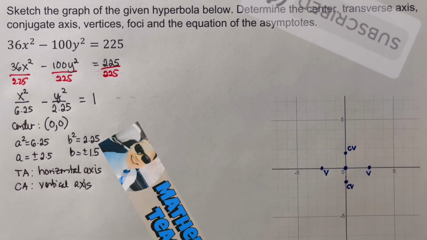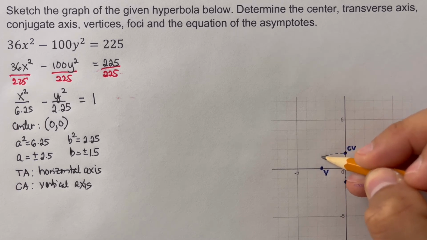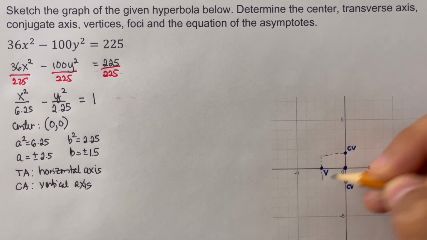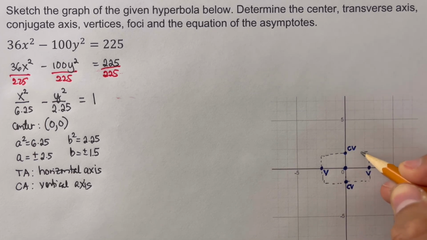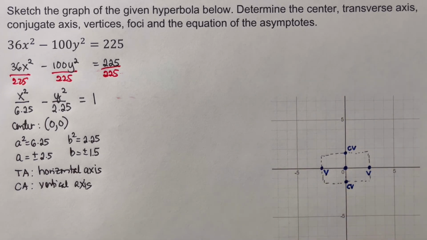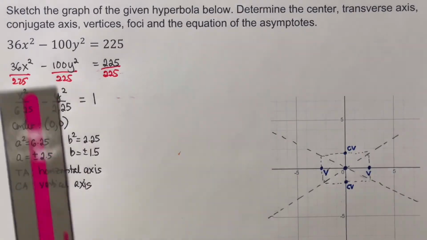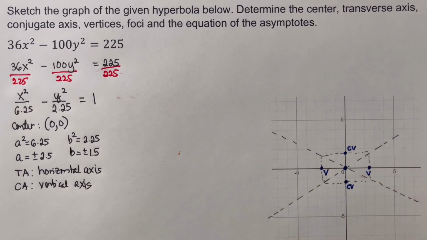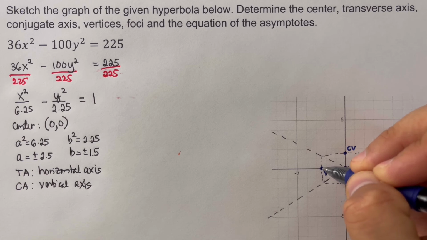So we're now ready to sketch the rectangle. Again, the rectangle is going to help us draw the hyperbola. So we draw the rectangle up here that covers the 4 points, and then from here, we can draw the asymptotes. Since this is a horizontal hyperbola, it opens left and right.